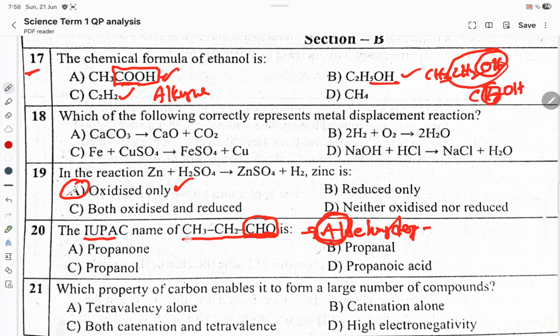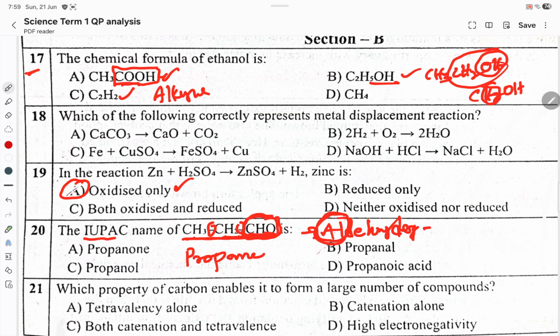First of all, since it has 3 carbon atoms, we know it belongs to prop, and since all are single bonds, it belongs to propane. How to name this one? That's what we're learning here. Propane: if there is no CHO and the last carbon has CH3, the structure is CH3 CH2 CH3. But here a functional group, the CHO group, is there.